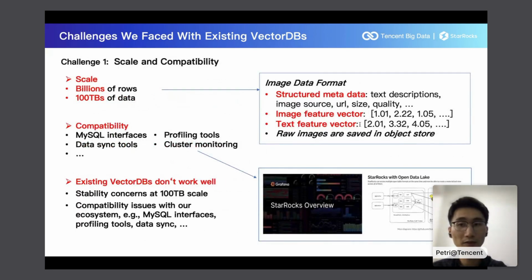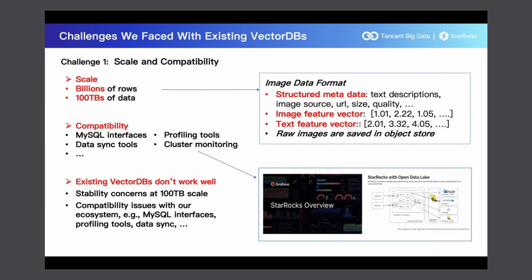The first challenge we faced was scale and compatibility. Regarding scale, note that we must process billions of data rows, and each data row contains metadata and two feature vectors. This data exceeds 100 TB.